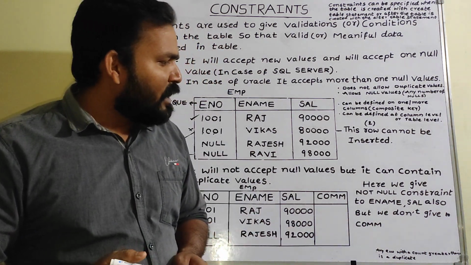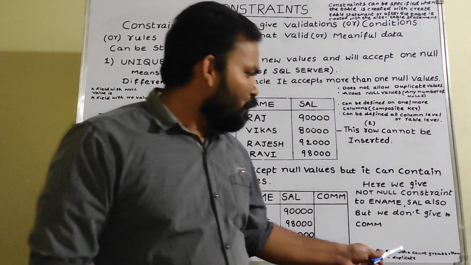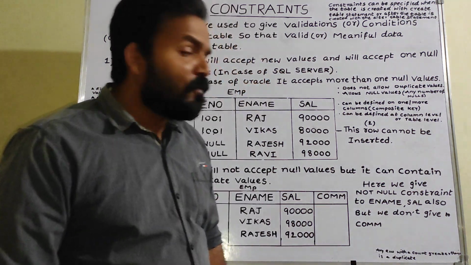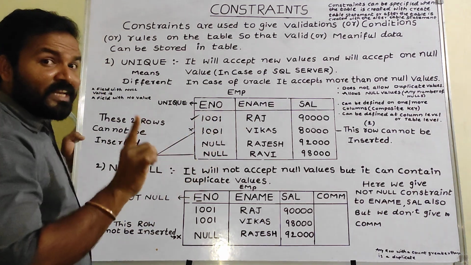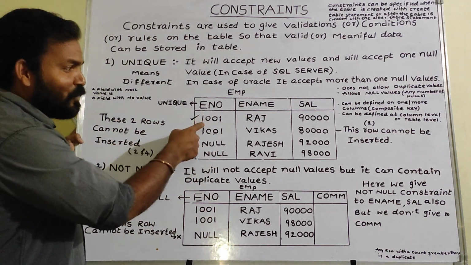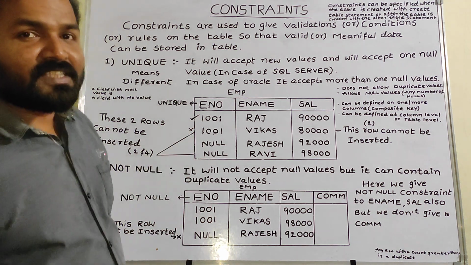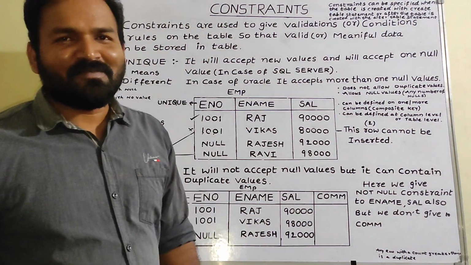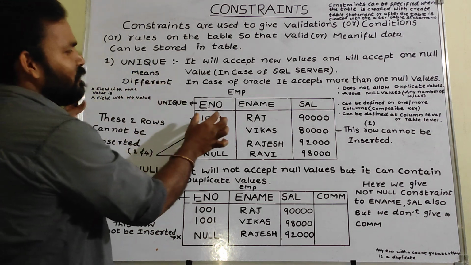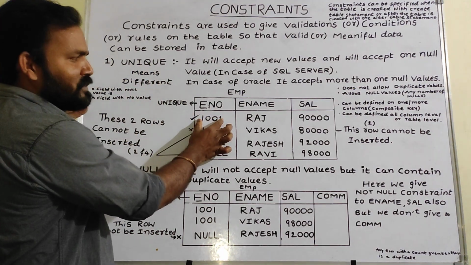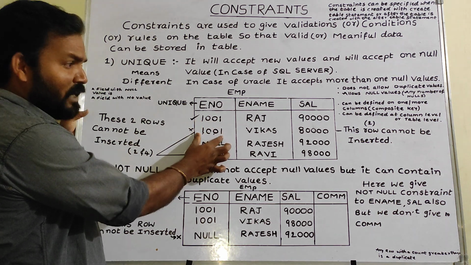Here, duplicate means any row with a counter greater than 1. A counter greater than 1 is a duplicate. So unique constraint will accept new values and does not allow duplicate values.